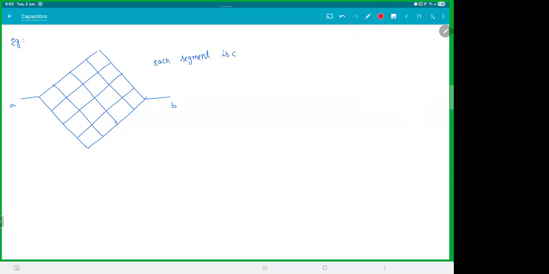Now if I ask you to solve this circuit, look at this thing. There is a bisector symmetry here. If I drop a line from here, this is your bisector symmetry. The left and right are identical and A and B are on either side.